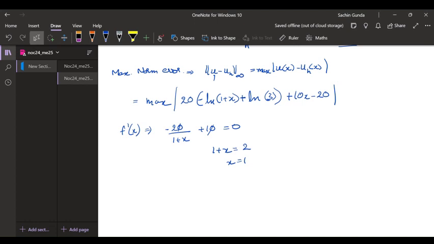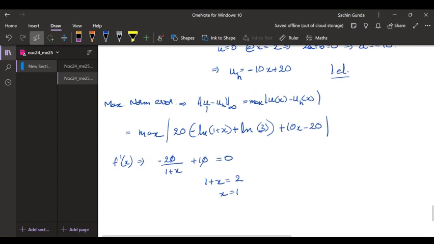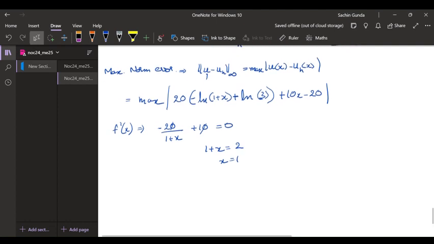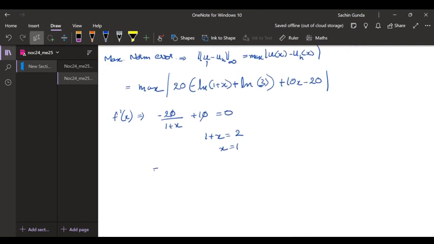So we have the maximum value of error at x equals 1. We will substitute it and then see the value. So 20 times minus natural log 2 plus natural log 3 plus 10 minus 20.